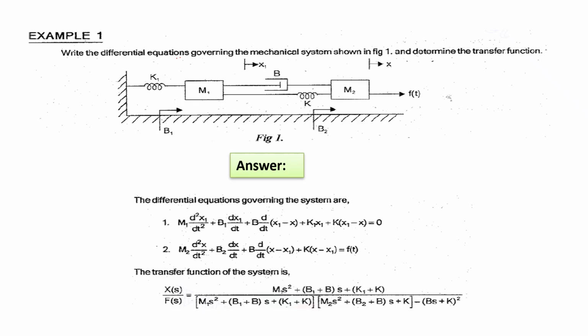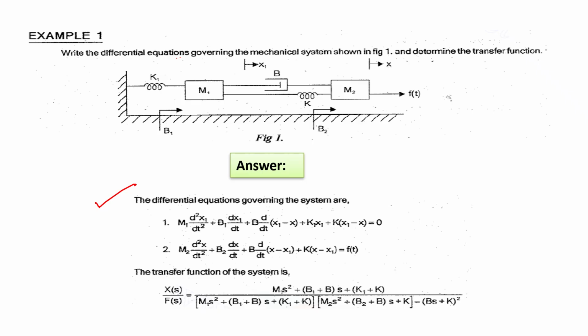The possible answer is expressed here. Let us try that. In that case, we first derive the differential equations governing that system and then apply Laplace transformation to find the transfer function.